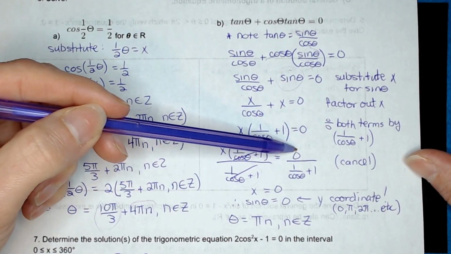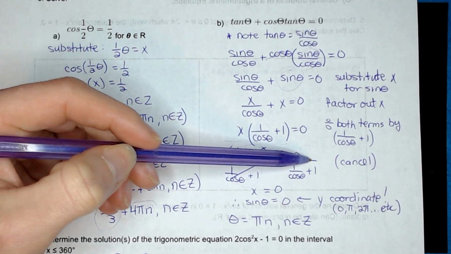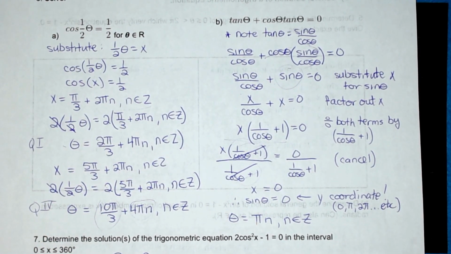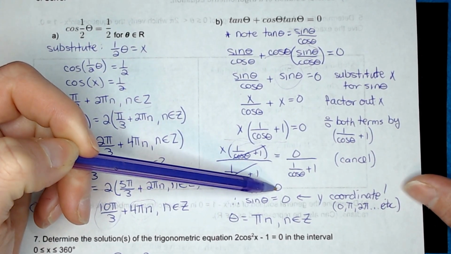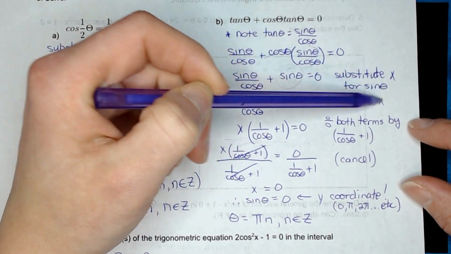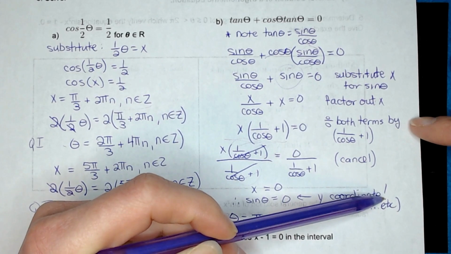And then on the right-hand side, when we complete that same task, we have 0 over it doesn't matter the value of this because the top of the fraction is 0. So we know that x equals 0, and we said that x is equal to sine theta. So sine theta is 0, and that's our y coordinate.